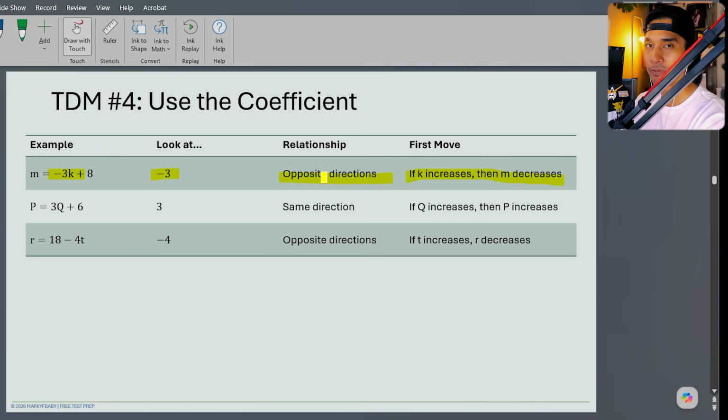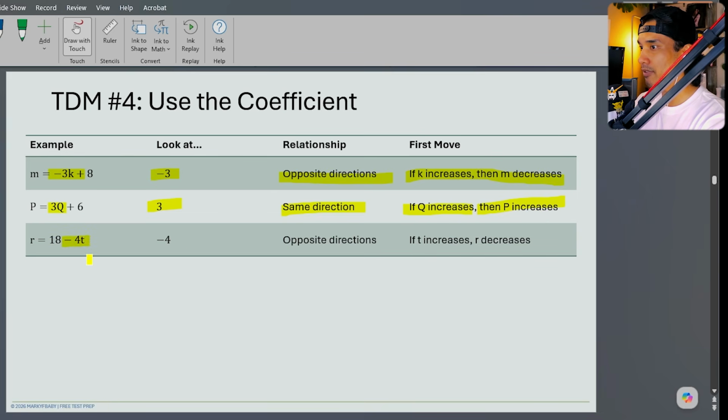The relationship will be opposite. Over here, I have a positive coefficient tagged along to this variable, and if it's positive, the relationship of Q and P will be in the same direction. If Q increases, then P increases.